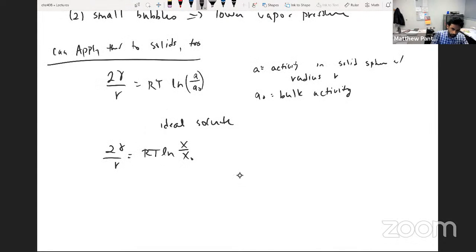So what does that mean? If we have two solid particles, and this actually does apply to liquids as well, with different radius. We have x1 here, that's great. We can say because R1 is less than R2, we know that at equilibrium, x1 is going to be greater than x2.